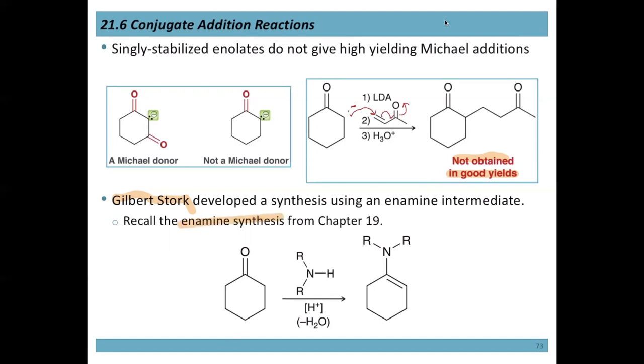So back in the aldehyde ketone chapter, we talked about the reaction between amines, and especially secondary amines, and carbonyls. So you can't forget anything. In this case here, you should remember that secondary amines, when they react with ketones, give you this enamine structure.